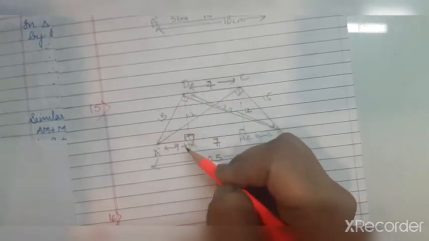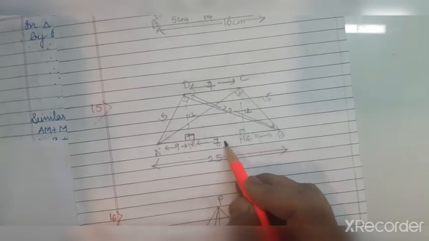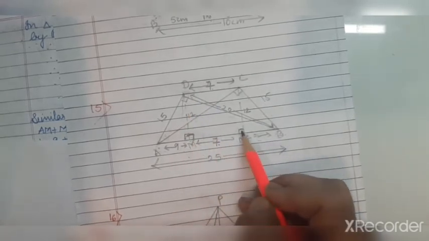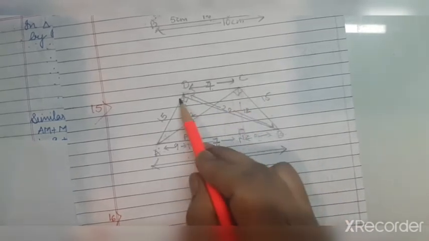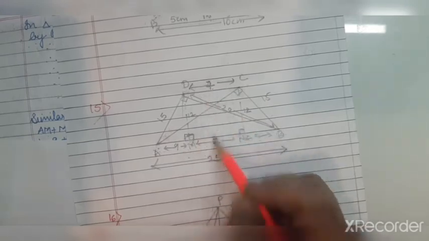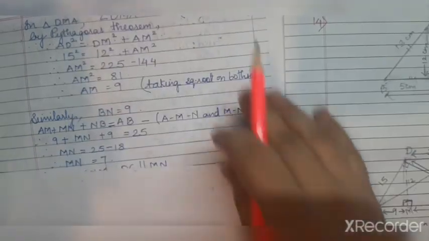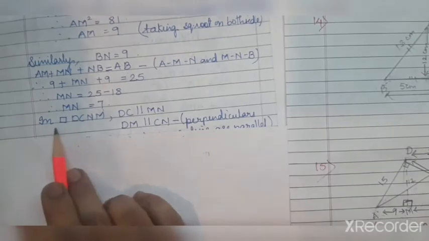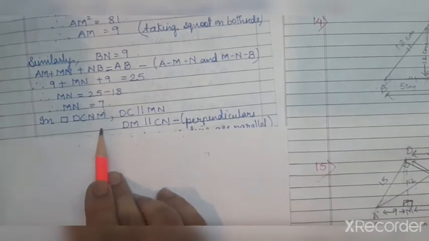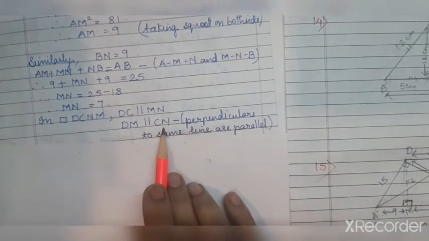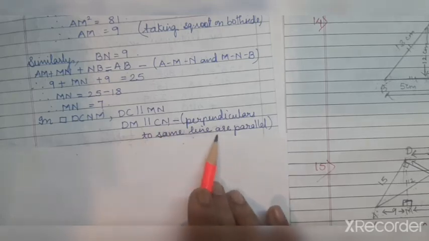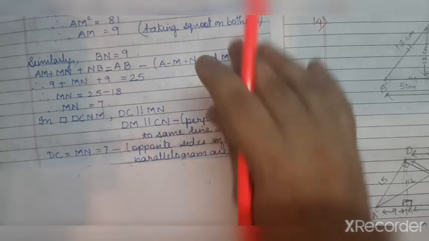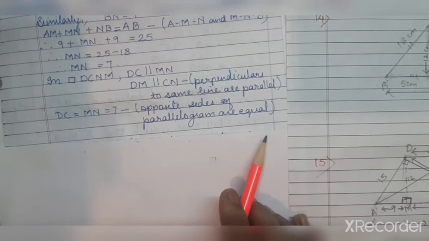Because we have proved that this particular quadrilateral is a parallelogram. If this is a parallelogram, opposite sides are congruent. So we write that since we have proved it is a parallelogram, opposite sides are parallel and opposite sides are equal.